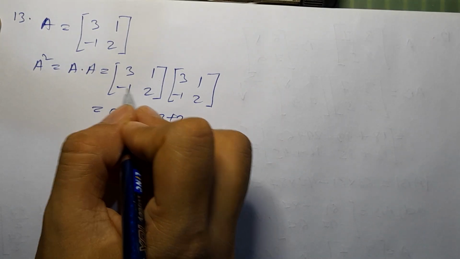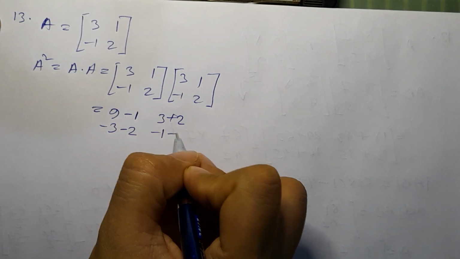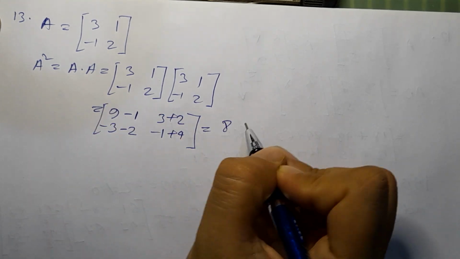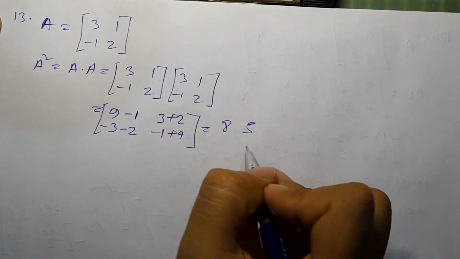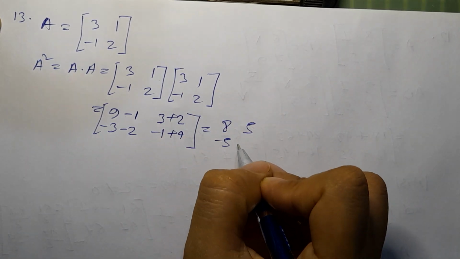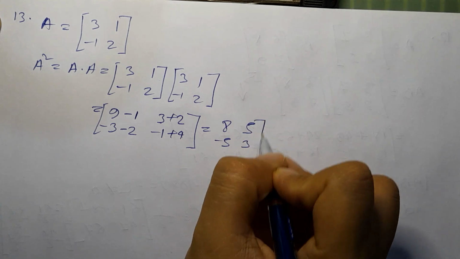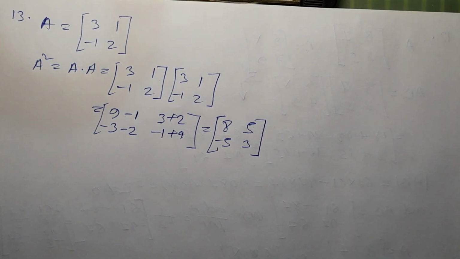Second row second column: this is the matrix multiplication, so minus 1 plus 4. So it will give 9 minus 1 is 8, 3 plus 2 is 5, minus 5, and 4 minus 1 is 3. So we multiplied it, and we got the A square.